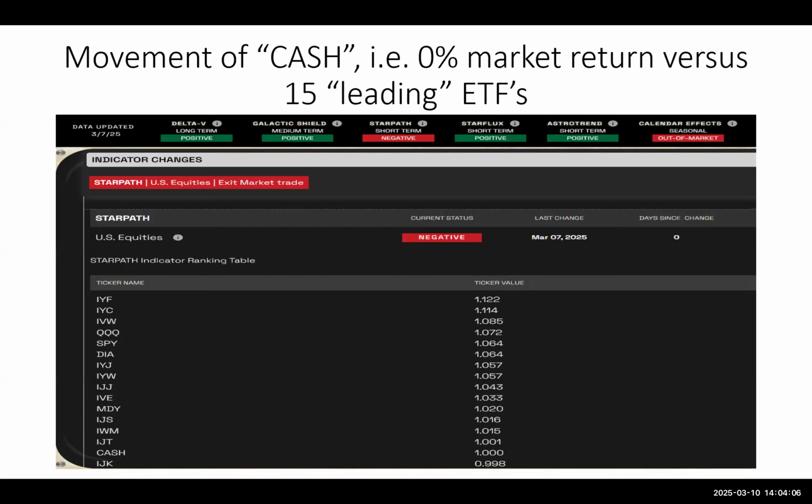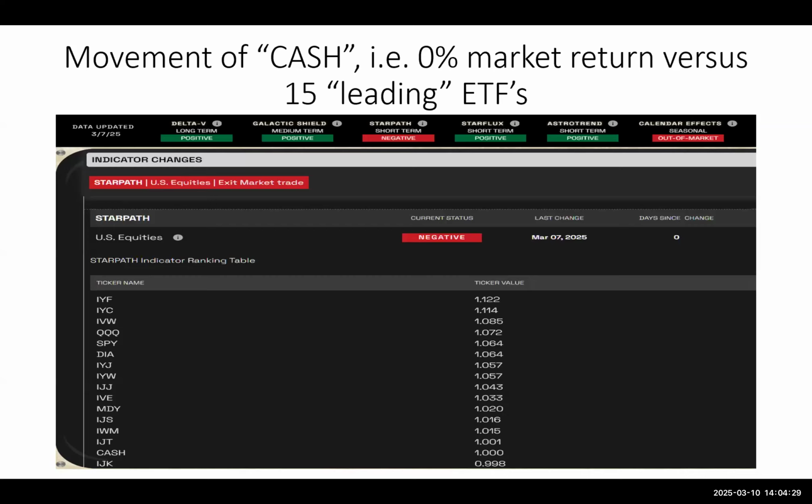And as the number of market segments ranked superior to cash increases, that signifies a positive Starpath indicator view. Conversely, if the number of market segments ranked above cash decreases, the Starpath indicator is negative, which is bearish.